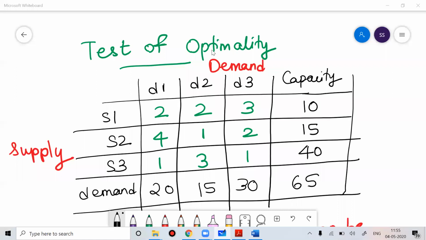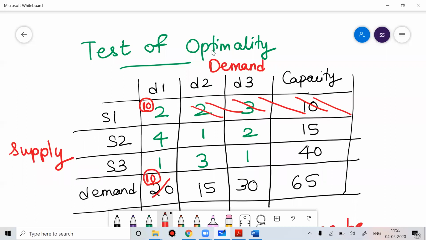So we know how to solve by the northwest corner method. We start with the cell which is at the northwest. The capacity is 10 and the demand is 20, so we'll assign 10 to this. Left is 10.